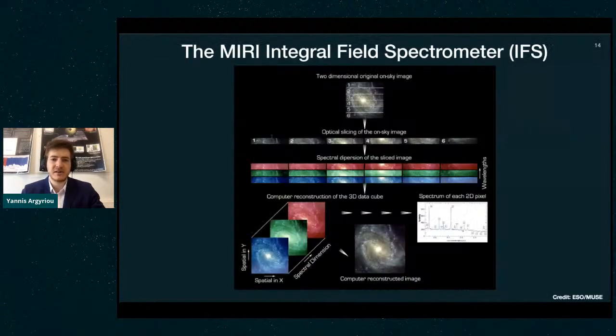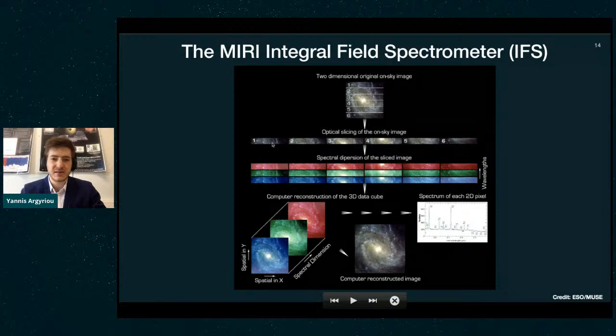Actually, the mid-infrared medium resolution spectrometer is an integral field spectrometer. What does that mean? Using a set of optics, we're able to take an input scene observed with the James Webb Space Telescope and slice it into several pieces. As shown here in the second step, the starting field of view image gets split into 6 segments, and then each one of these segments is dispersed in wavelength.